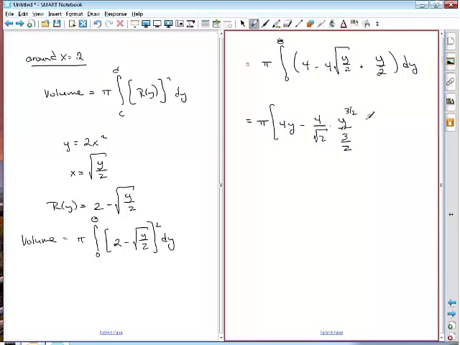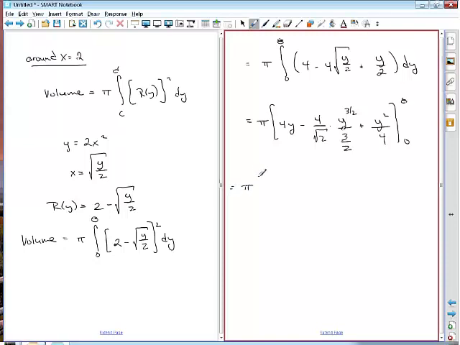And I think that's right. Yes, because if you take the derivative, 3 halves divided by 3 halves would give you 1, and you get y to the 1 half. And then here we have y squared over 2 divided by 2 again, so we get y squared over 4. And we evaluate that between 0 and 8.